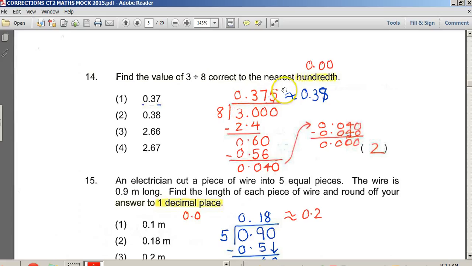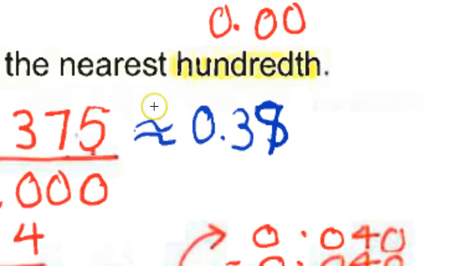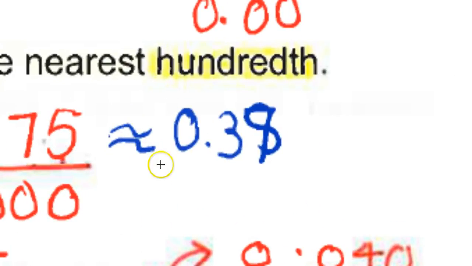Okay? To round it off to the nearest hundredth, it means my answer must have 2 decimal places.